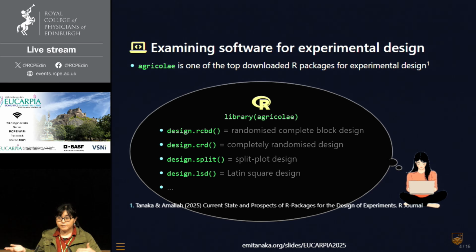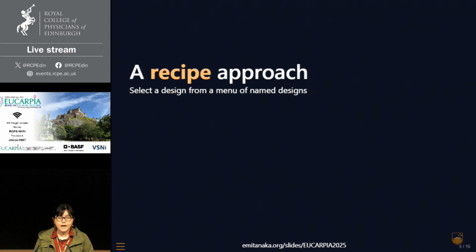So we've seen from Rosemary's talk, randomized complete block design. That corresponds to design.rcbd. If you have a complete randomized design, you got design.crd. If you've got split plot design, design.split, Latin square design, design.lsd, and so forth. So you get the picture, and this is something that we would call a recipe.